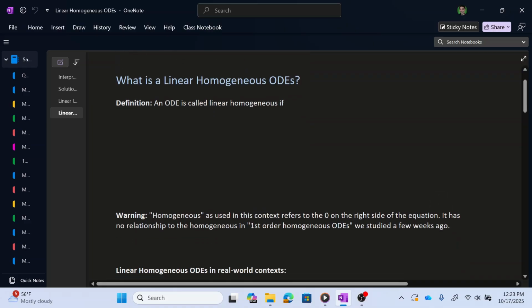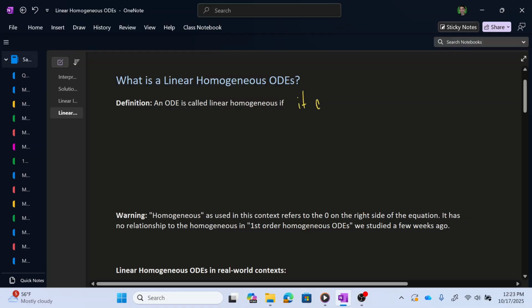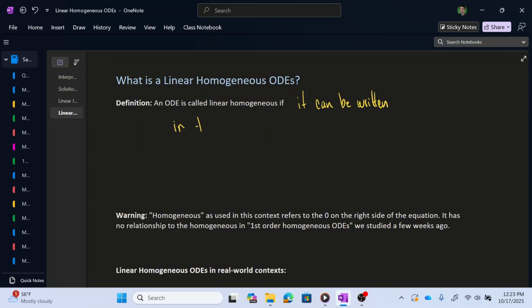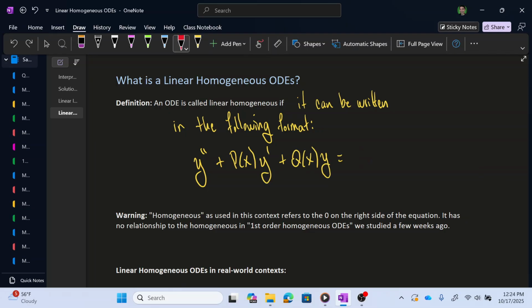So, a differential equation is called linear homogeneous if it has the following format. y'' + p(x) y' + q(x) y = 0, with specifically 0 on the right-hand side.